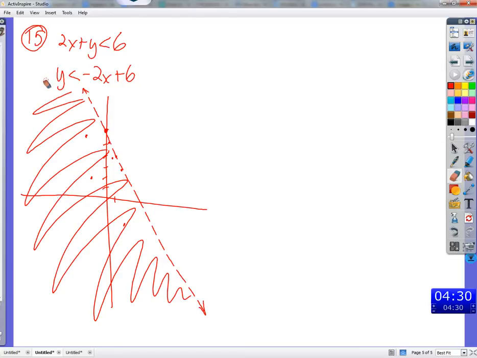Wouldn't that make the greater sign greater than or equal to? Making this line dotted, wouldn't that make it y equal to, greater than or equal to? Well, first of all, it says y is less than. Less than, and not equal to, right?